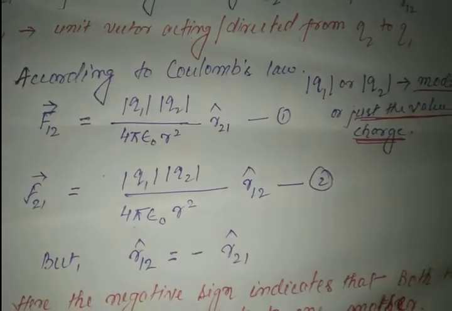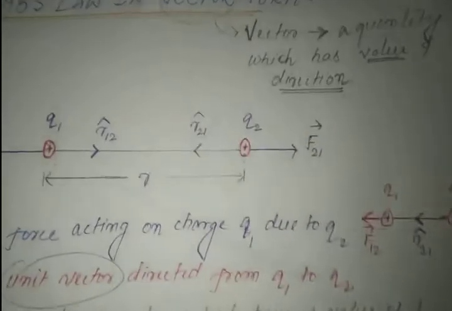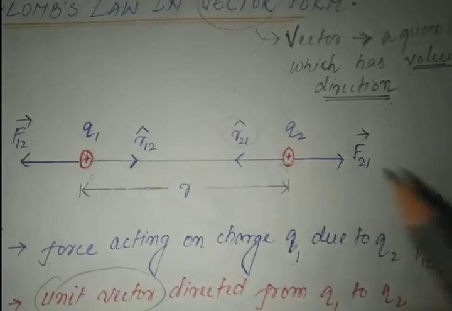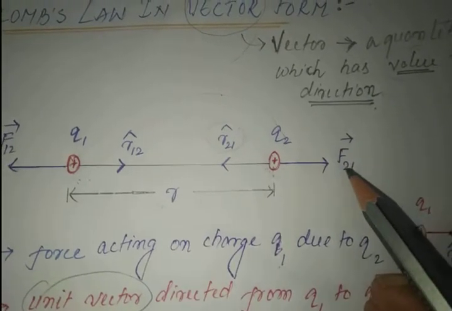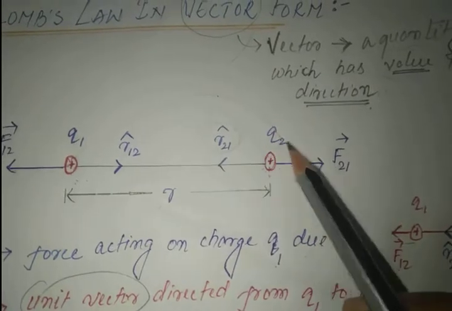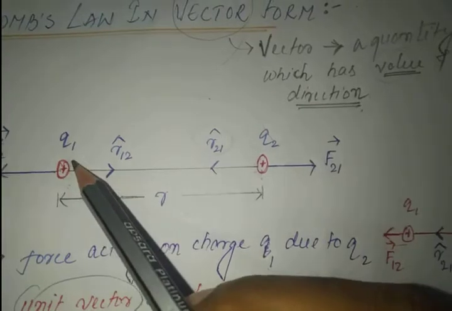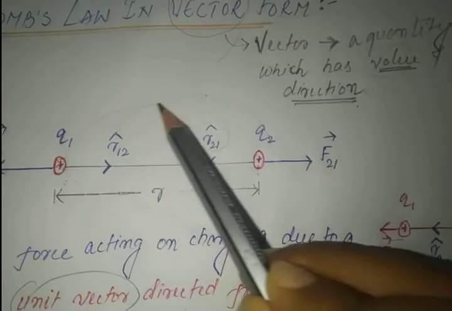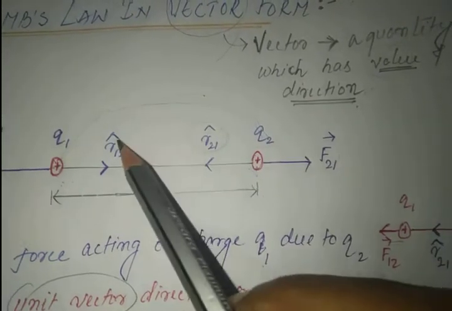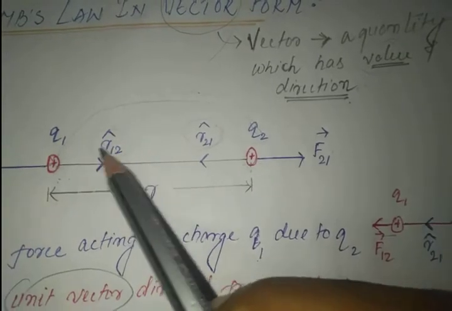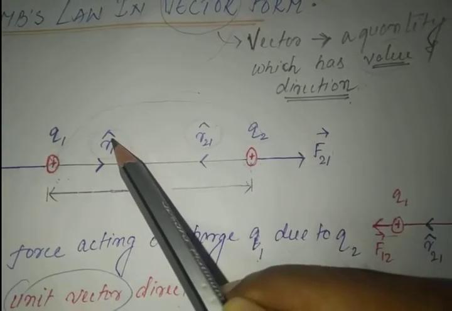So why do we take r cap 1 2 here? Let's see again. F21 means force acting on charge Q2 because of Q1. This force is directed from Q1 towards Q2. Hence we take the unit vector as R12 cap.